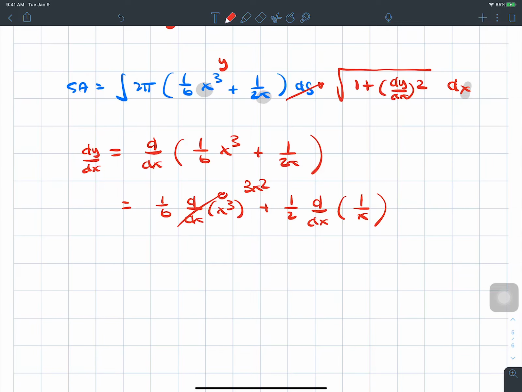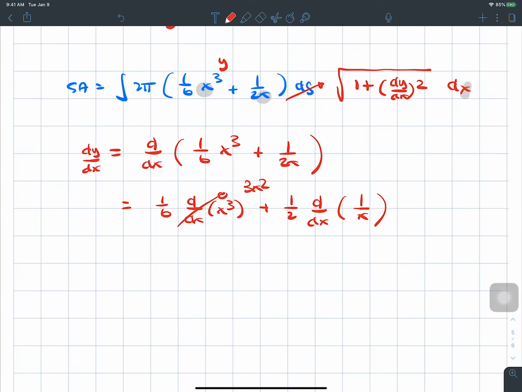So this derivative is negative, right, 1/x squared. There we go. Now everything's fine. So I have 1/2 x squared minus 1 over 2x squared. Okay, everything's fine now.